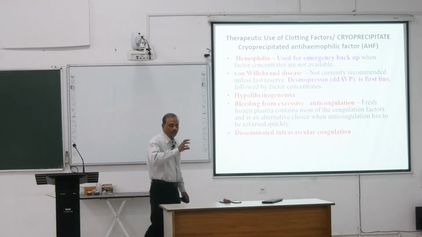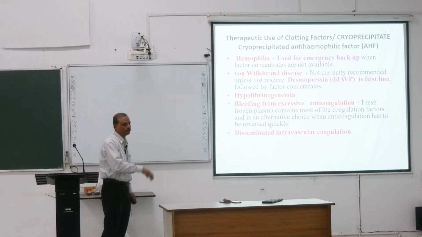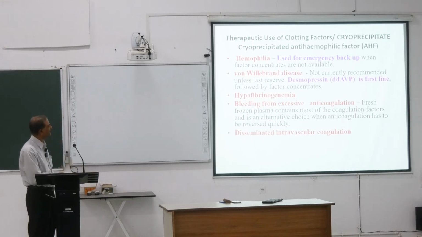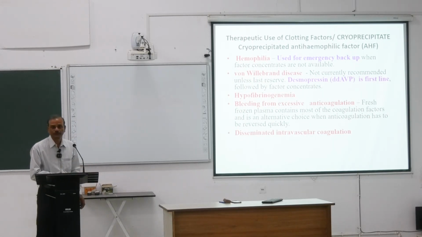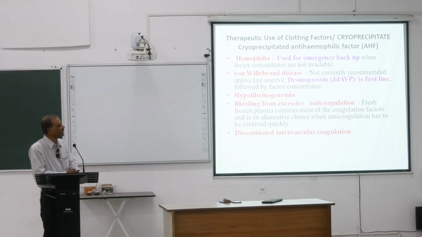So, if factor 8 is not available, then what can you do? There is another option called cryoprecipitate, that is formed from fresh frozen plasma. That is very rich in fibrinogen, factor 8, factor 13 and von Willebrand factor.